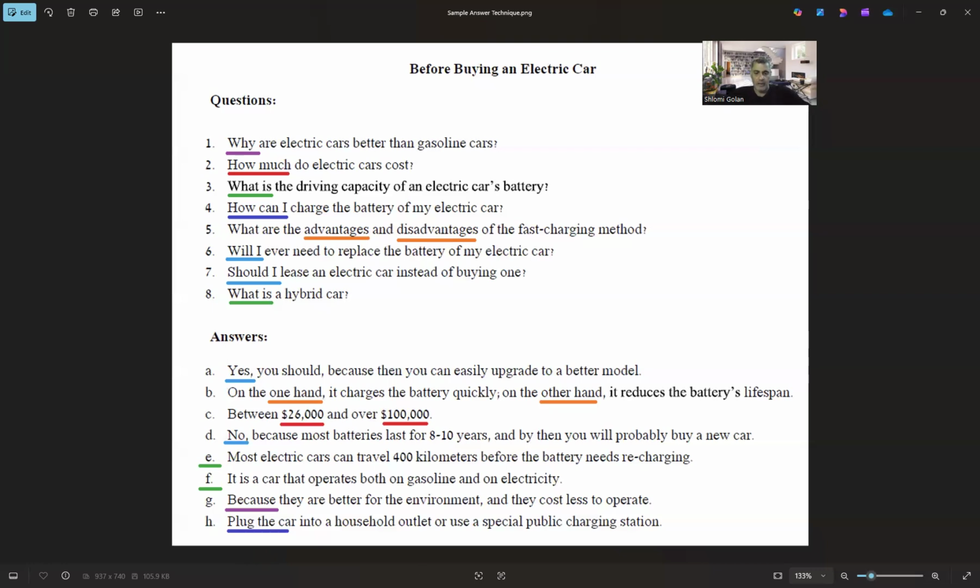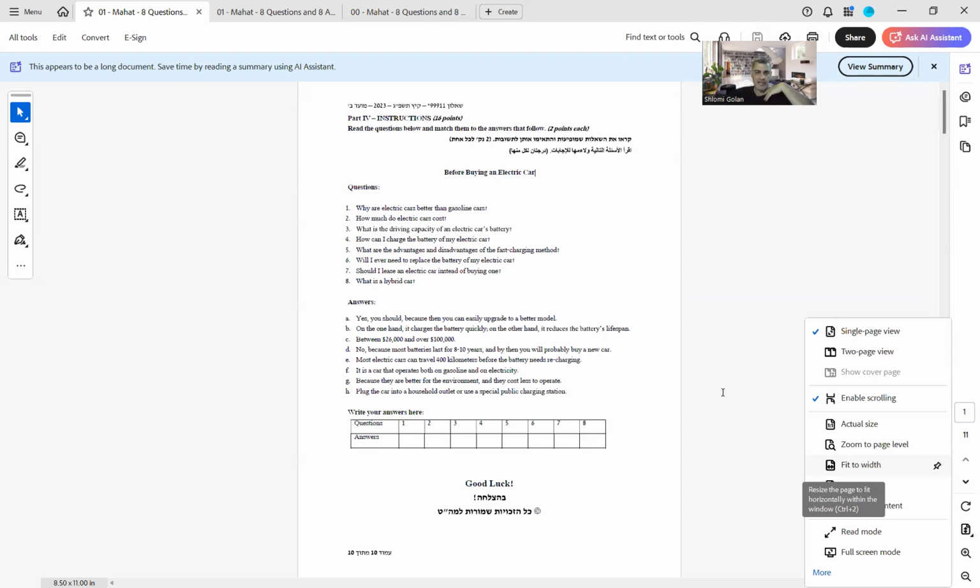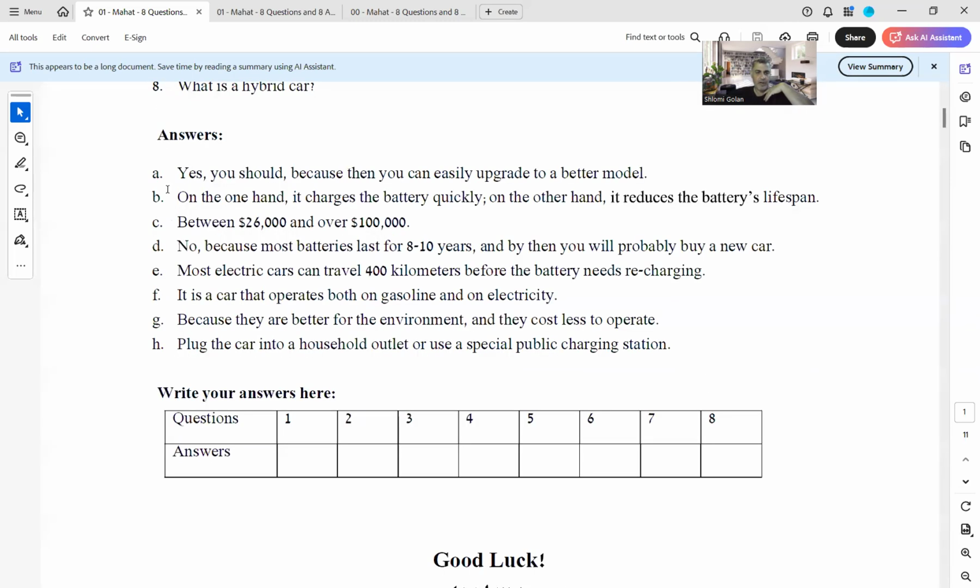You don't want to not use them, okay? So each number must have a specific letter. And by the way, make sure please that you mark the letters as they appear. You have small letters, use small letters. Don't use capital letters. Okay? You have the small letters, use the small letters.